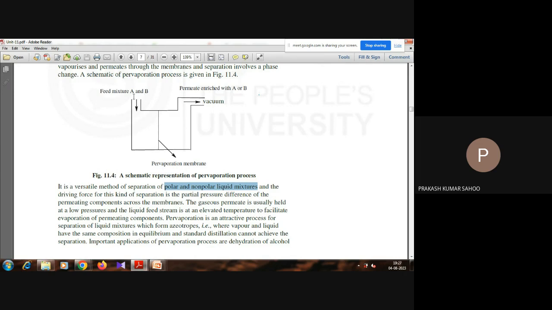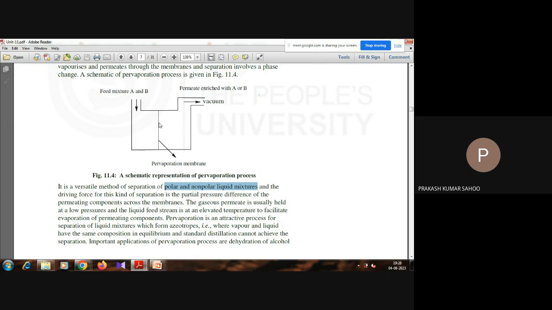If two components A and B are there, A with a boiling point of, let us say, 200 degrees centigrade, and B with the same 200 degrees centigrade, they will form the azeotropic mixture. This does not mean that they have the same components. They might get vaporized from liquid to vapor at 200 degrees centigrade, but after diffusion, their interaction with this membrane and their permeability through it might be different.